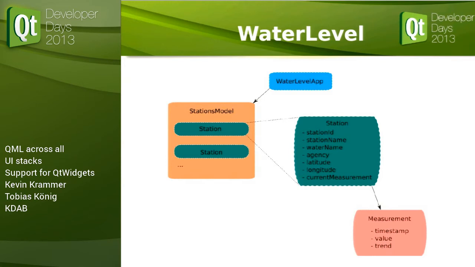So it has a pointer to a measurement object, and the measurement object contains the timestamp when this measurement was taken, and of course the actual value, so the height of the water level, and also a trend. It's a value -1, 0, or 1: -1 if the level is going to decrease, 0 when it is to stay for the next days, or +1 if it is to increase. So during the spring I always hoped that it would be a -1, but well, it was not always the case.